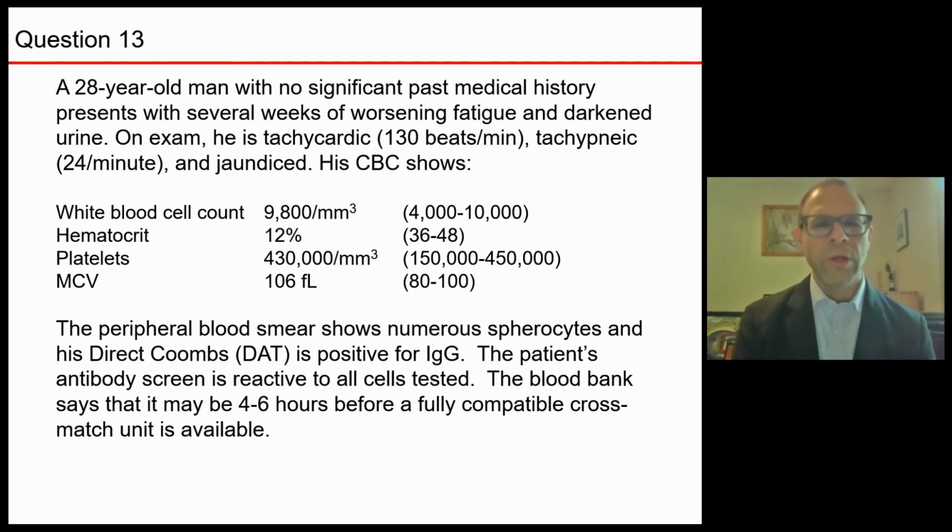The peripheral blood smear shows numerous spherocytes, and the direct Coombs is positive for IgG. The patient's antibody screen is reactive to all cells tested. The blood bank says that it may be 4 to 6 hours before a fully compatible cross-match unit is available.